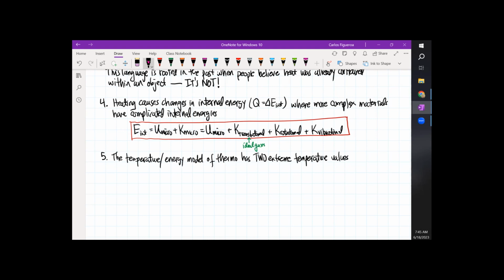And here's one of them. One is that there is a lowest possible temperature.